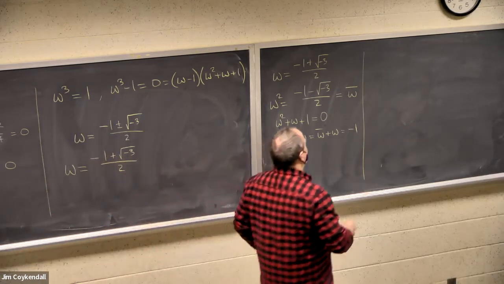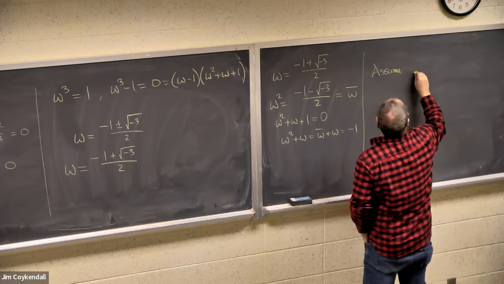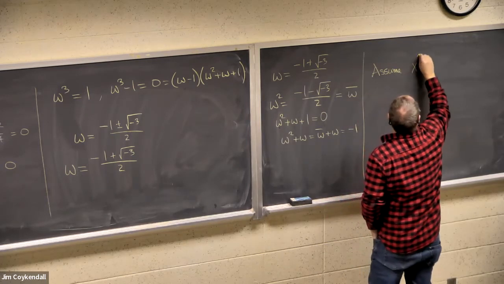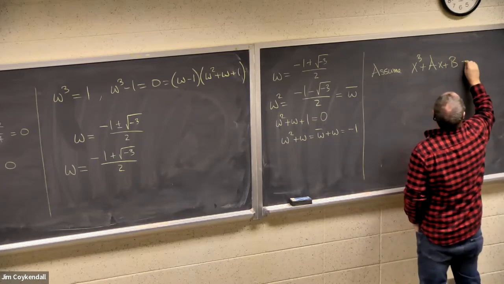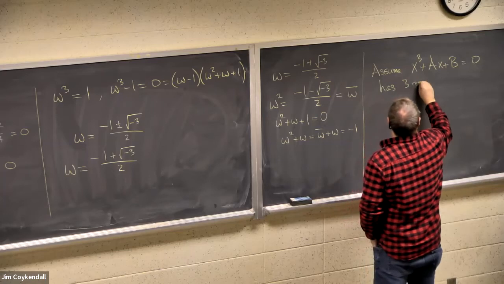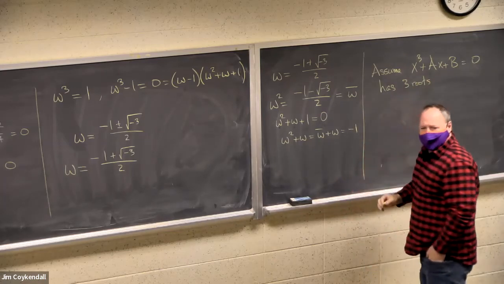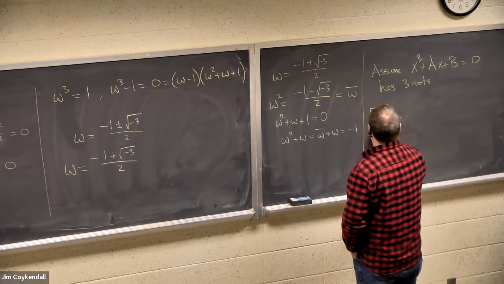Well, let's assume it has 3 roots. And let's assume that they take on this form here. I'm going to write them this way because it's convenient.